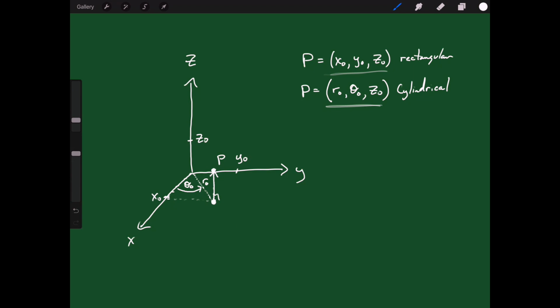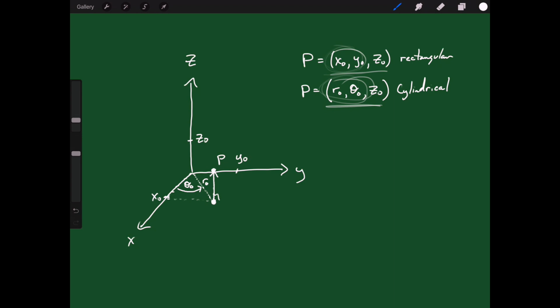All we're really doing is switching the xy coordinates from rectangular coordinates into polar coordinates. In fact, that's all we're doing, just switching x's and y's to r's and thetas. So if you understand that, we're pretty ready to do some things with cylindrical coordinates.